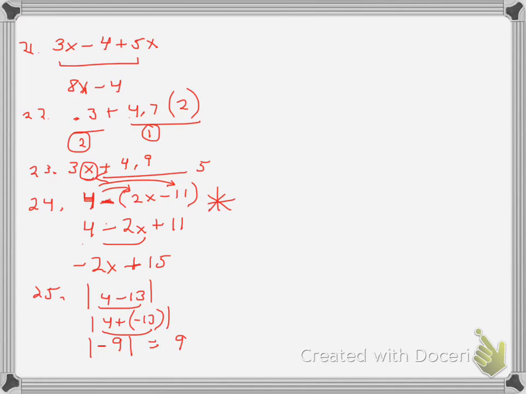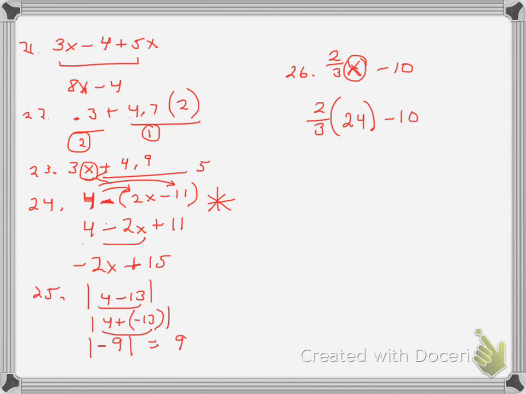Number 26 says 2/3 x minus 10. I want to evaluate that if x equals 24. So I would plug in a 24. Now let's do this very carefully. 2/3 times 24 minus 10. So I'll be able to get a value because I've plugged in a number, and all I have here is numbers.